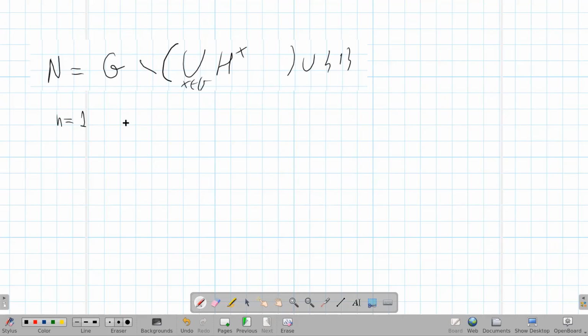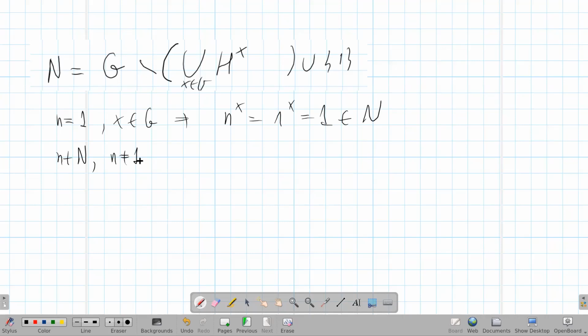Then, of course, if x is an element of G, then 1^x equals 1, which is still in N. So now n is in N, but n is different from 1, okay?